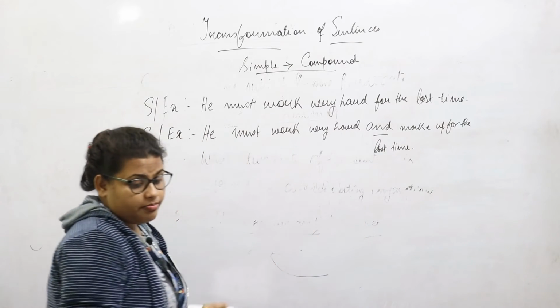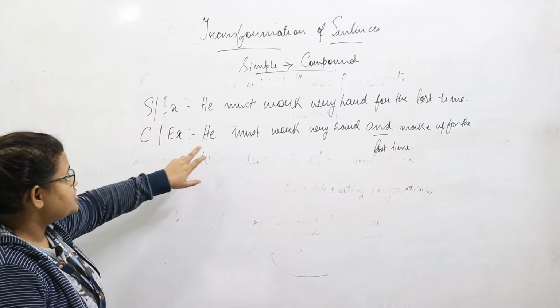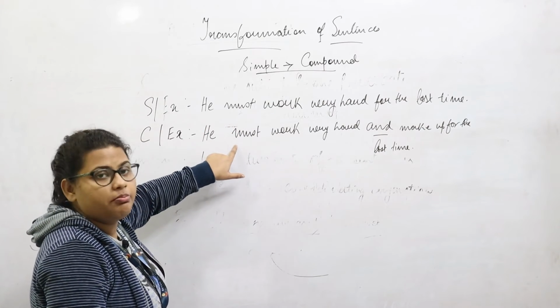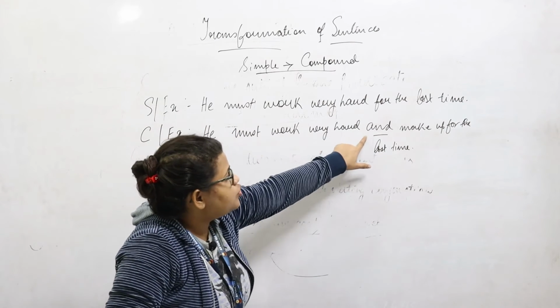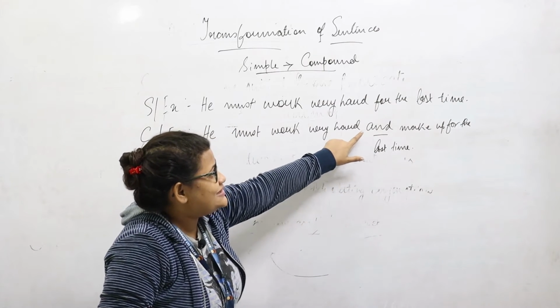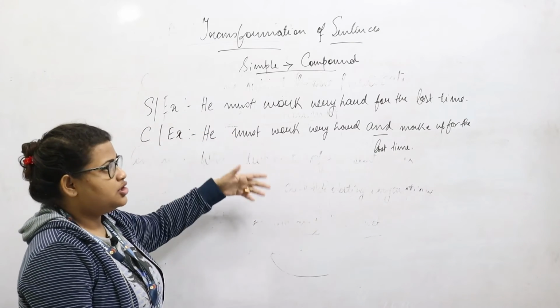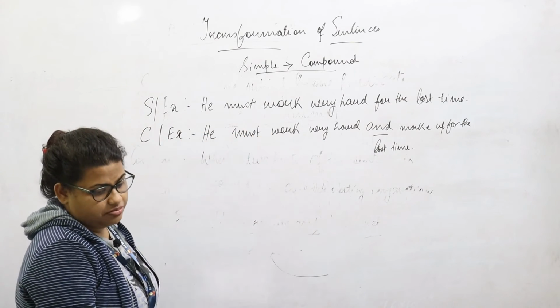So that's how a compound sentence is made. We have just taken this sentence and transformed it into a compound sentence by using a coordinating conjunction in between, that is and, that he has lost his time and hence he should work very hard in order to recover that time.